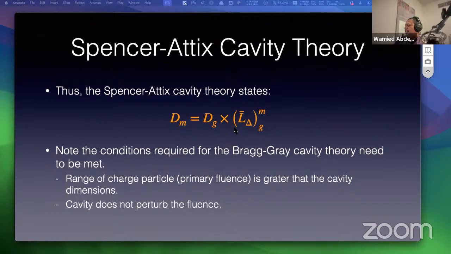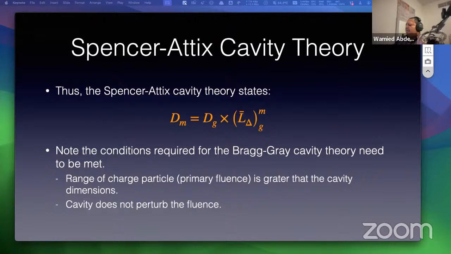So this is the difference. In the Bragg-Gray cavity theory, this was the unrestricted collisional stopping power. That means all secondary electrons, regardless of their energies. The assumption is that these secondary electrons will not escape the cavity and will deposit their energy locally.